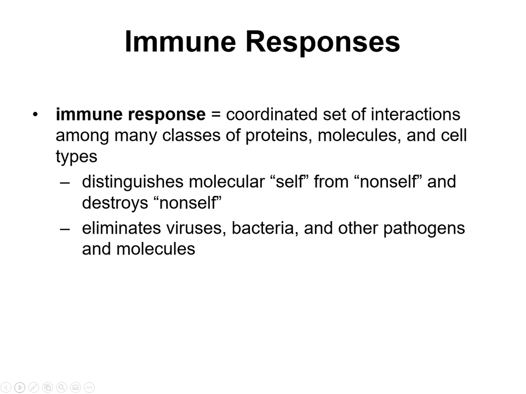So this gets rid of viruses, bacteria, other pathogens, molecules, all the things that are not you. And your body has all types of proteins and cell types to identify you versus not you.